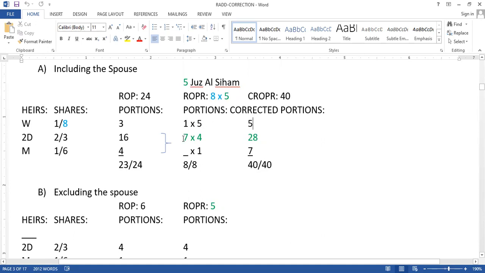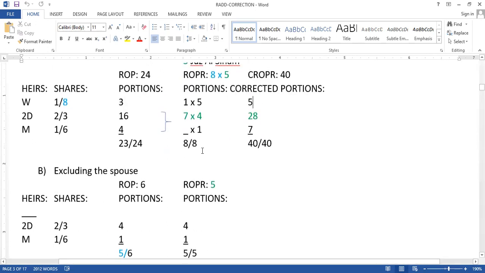Now, itong shares ng 2 daughters and mother, we don't have to multiply this in our Joseph, no? Kasi nga, Radd sila, no? So, ang gagawin natin, we will just adapt the portions na nandito sa baba. Just like what we did kanina, no? So, kukunin natin 4 kay 2 daughters at saka 1 kay mother.